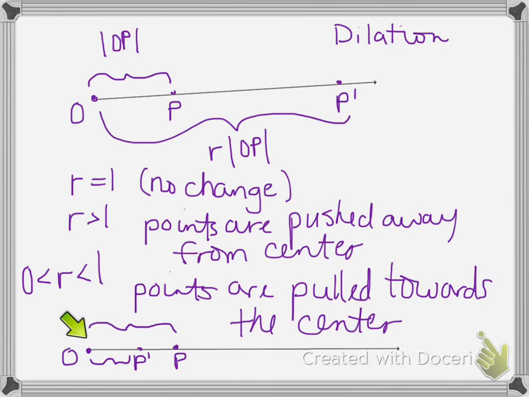If I multiply by a fraction, here is OP prime. It's smaller. It's closer to the center. So there's less distance between there. I had to have multiplied by a fraction or a number less than 1 when I did this R times OP. R times OP would be closer to the center. And you're going to do some exercises like that.